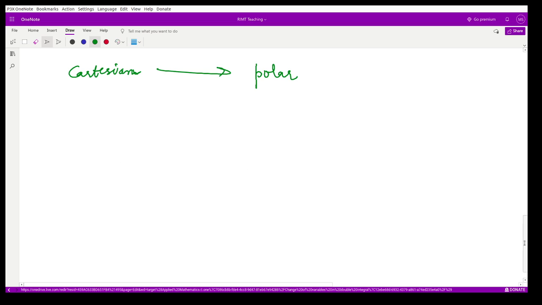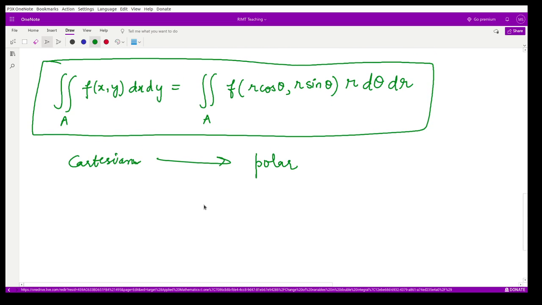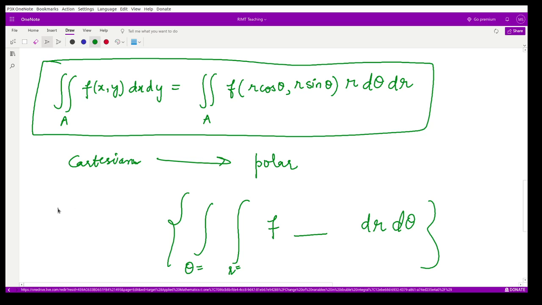It is a general rule that it is easier when you take the limits of theta first and then r. That means you take the variable limits of r and the constant limits for theta, and whatever is your function you write here, so that means dr and d theta. So this is a good practice. In this way your calculation becomes easy, right?